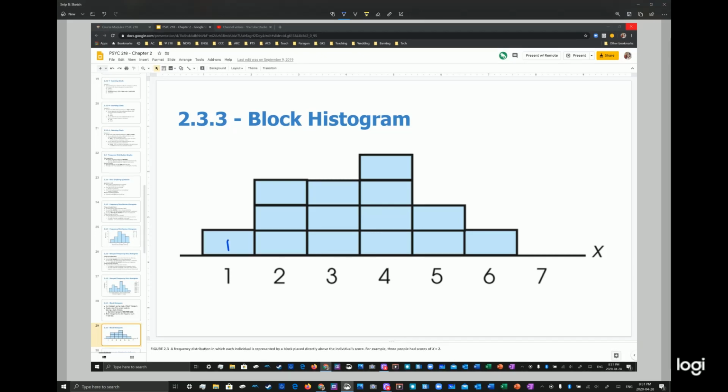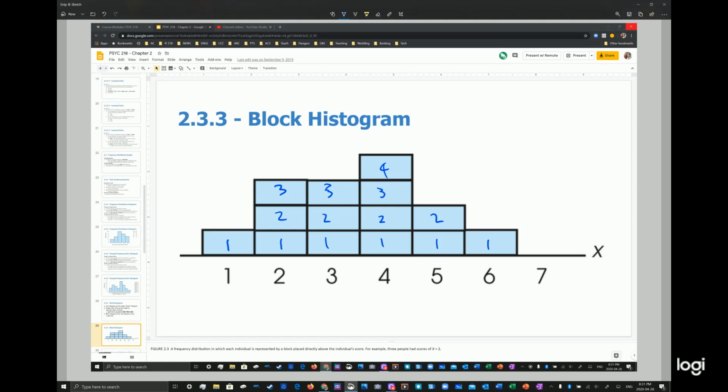And just in case this isn't clear enough, you can count like this. 1, 1, 2, 3, 1, 2, 3, 1, 2, 3, 4, 1, 2, and 1. So with block histograms, if the frequency counts are low enough, you can just count all the blocks and figure out what n is right away, how many participants in total.